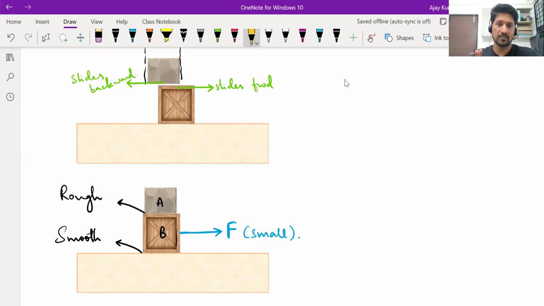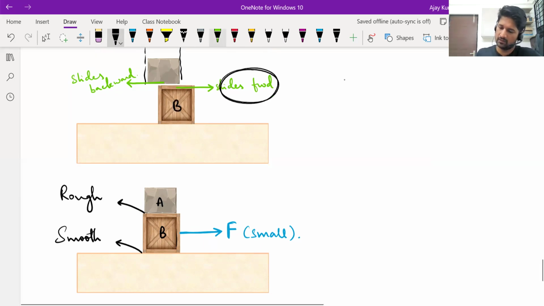Okay. See, friction acts such that it prevents sliding. Now we know block B is a lower block. B is sliding forward. So on B, friction will be acting backward like this. And A relatively tends to slide backward.